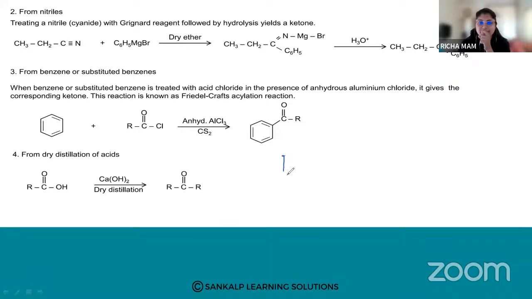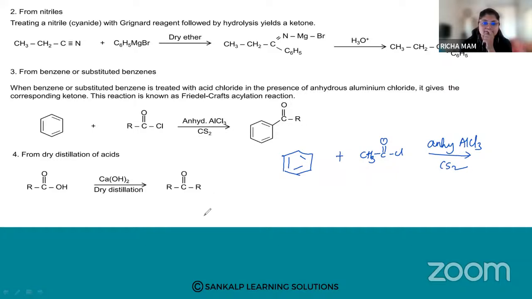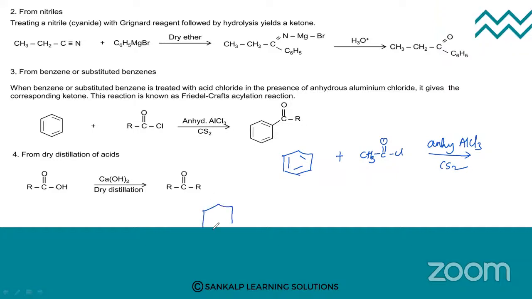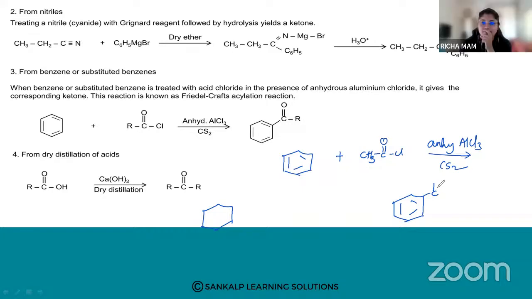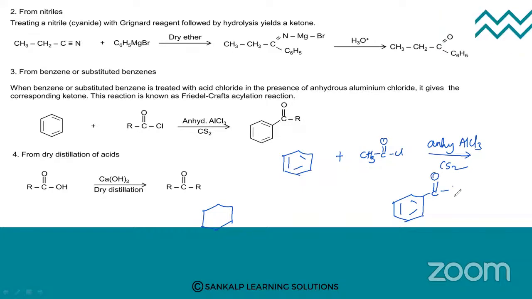So let me give you an example. You have to tell me the answer. Benzene plus CH3 C double bond OCl in the presence of anhydrous aluminum chloride and CS2. Tell me the product obtained. Benzene, single bond C double bond O, single bond CH3.